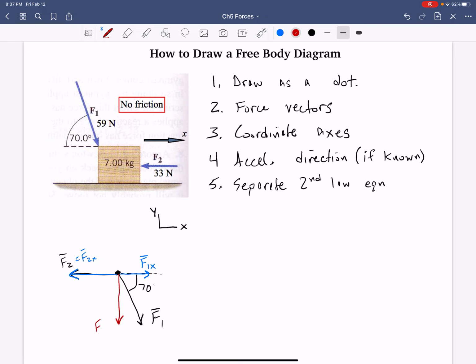We can write that as F1y, and then F2y is 0, so I'm not going to write it. Okay? All right, so once you have those 5 things, and your vectors split up into their x and y components, right? Now it's time to write out the equations.